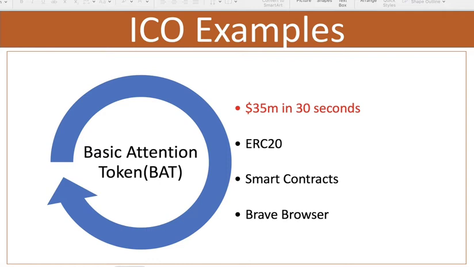This standard allows for tokens to be shared, exchanged for other tokens, or transferred to any crypto wallet that accommodates Ether. This is why, for example, on a hardware wallet such as Ledger Nano S, you can transfer and store any ERC20 token to it, purely because the wallet supports Ether.